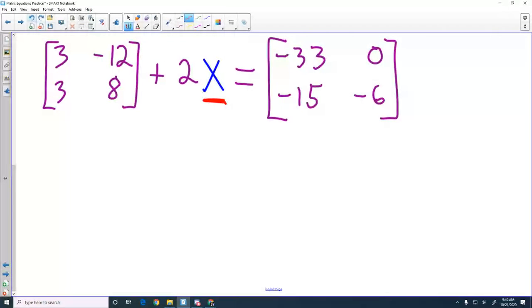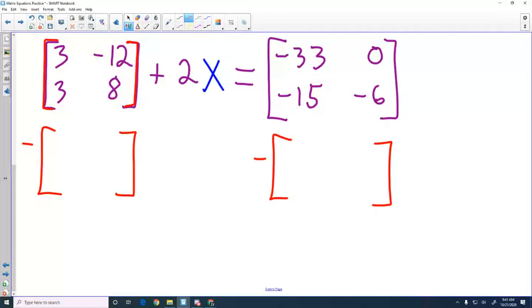So we're going to leave the 2x in place, and we're going to get rid of this matrix on the left. Since this matrix here is essentially a positive, right? There's like an invisible plus sign in front of it, essentially. We're going to subtract it. And so I'm going to subtract this matrix here. And if I subtract it from one side, we have to subtract it from the other side to keep the equation balanced.